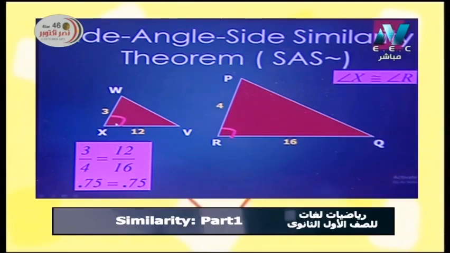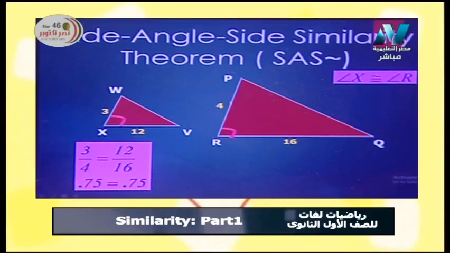This angle X equals this angle R, and it is the included angle between the two sides WX and XV, and this angle R is included between PR and RQ.